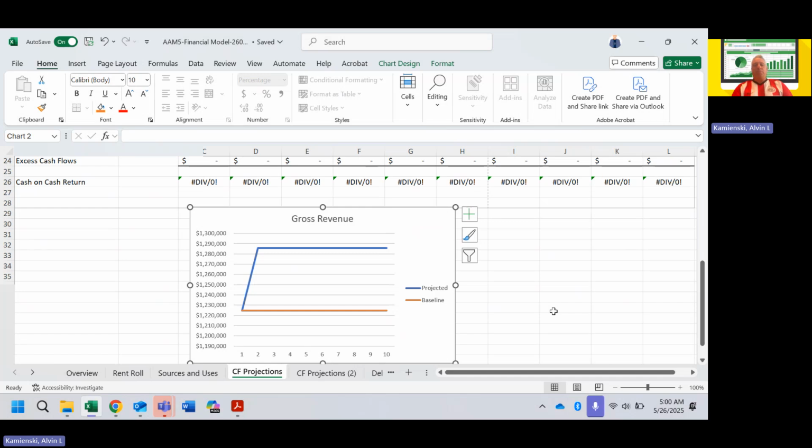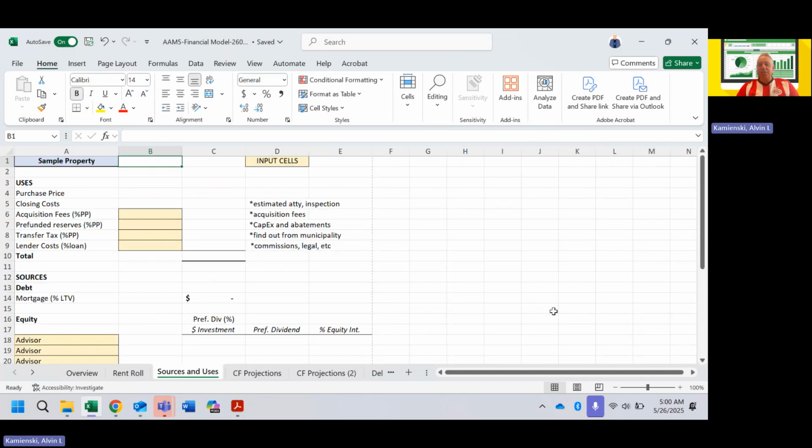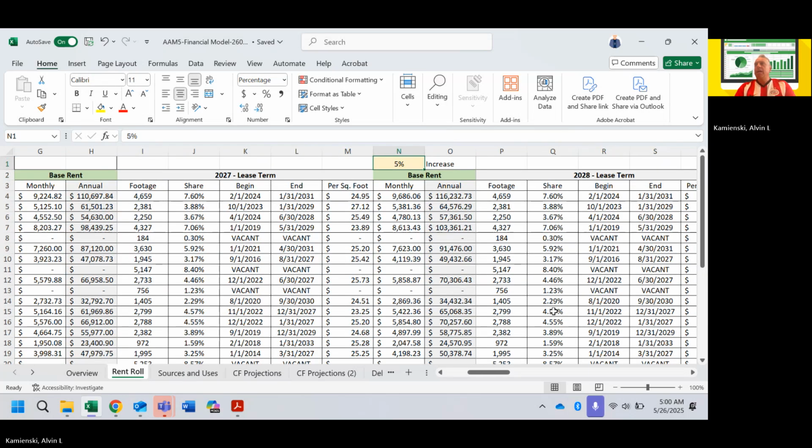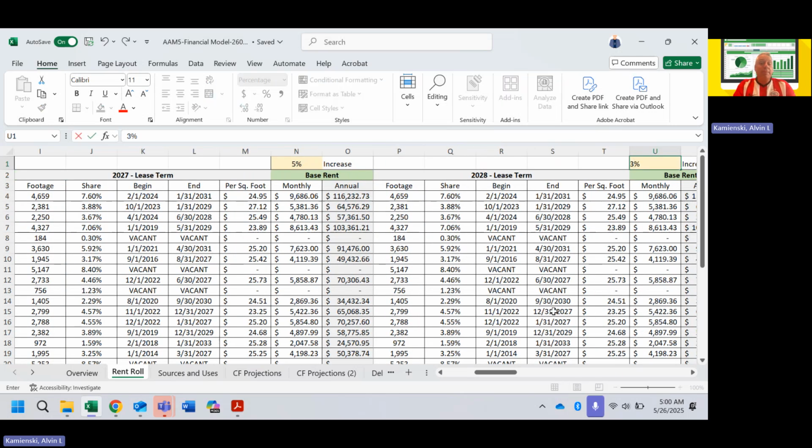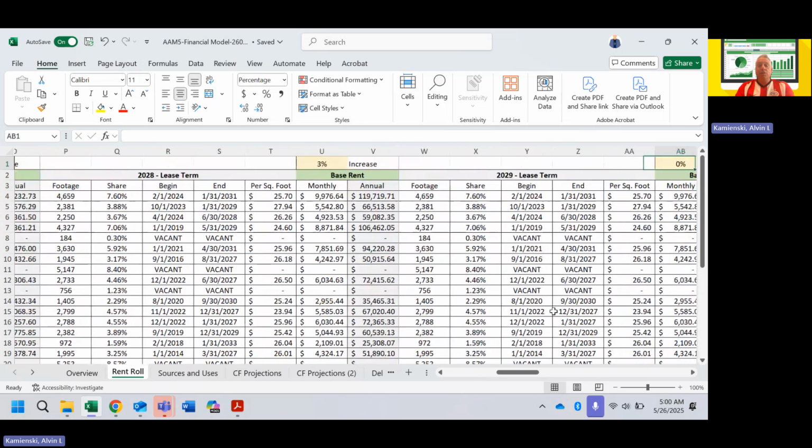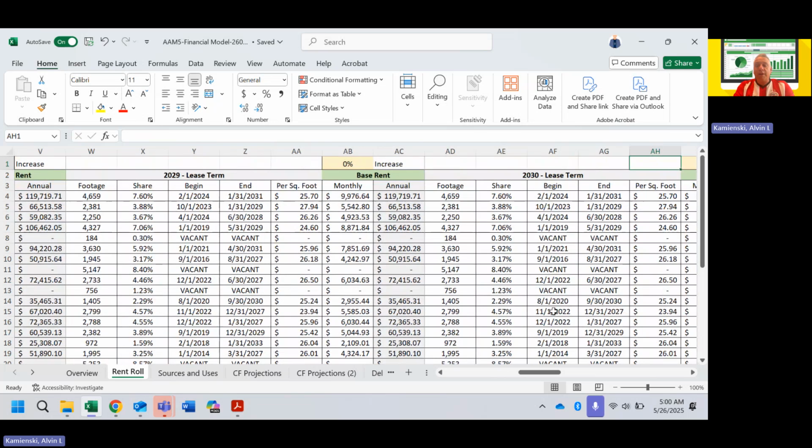So here's the point, and I'm just going to show you. Things are dynamic and change in real estate all the time, specifically with our tenants and with our rents. So you heard Matt saying the other day, for example, what if I lose my biggest client?